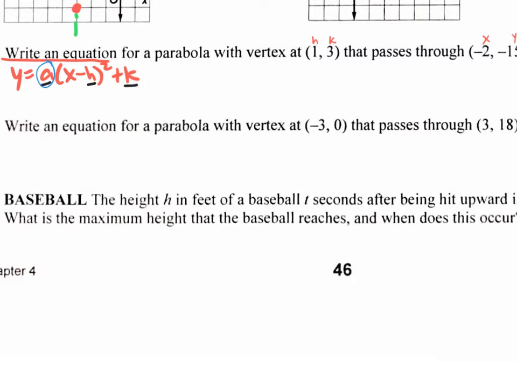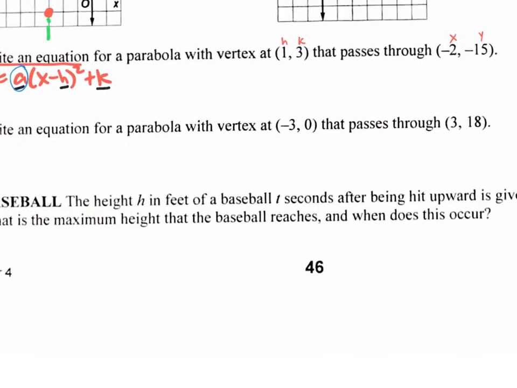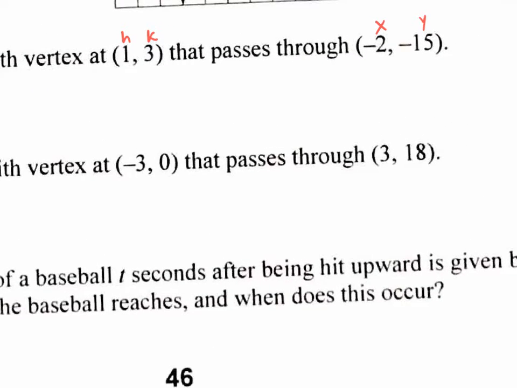Okay? So instead of writing Y equals, I'm going to take the Y value that they give us right there, which is -15, right? So I'm going to write that out. Instead of Y equals, -15 equals A, we don't know A, so let's keep the A right there. Parenthesis, X minus H. What is X? -2.